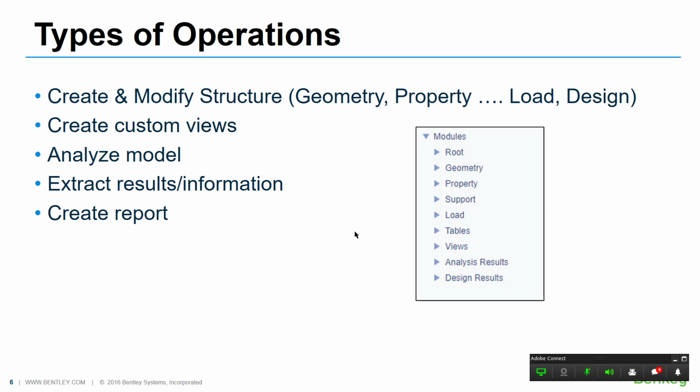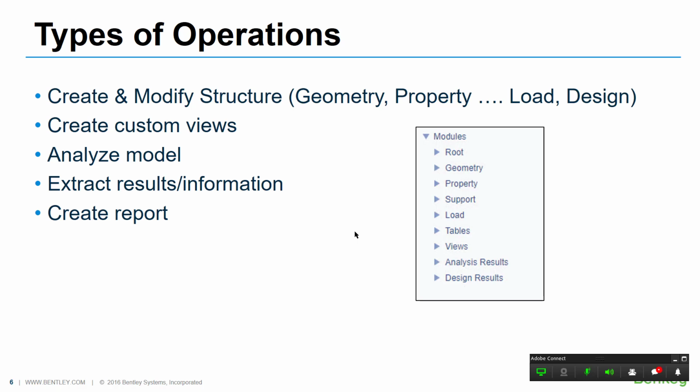You can just write your code there and create your user table, and that user table will be written in the STAAD format. So you don't need to copy the values from there and paste them in the STAAD user table or the input editor to create a new user table. That can be eliminated using this type of OpenSTAAD function. Each and every operation can be done using the OpenSTAAD function.